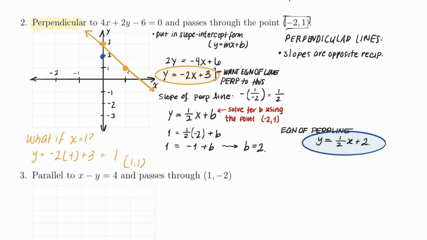Just for fun, let's do the rise over run thing. So if my slope is 1/2, I'm going to start at the point 0, 2. I'm going to go up 1 and then over 2 to find where the next point's going to go. And then I'm going to draw the line connecting those.